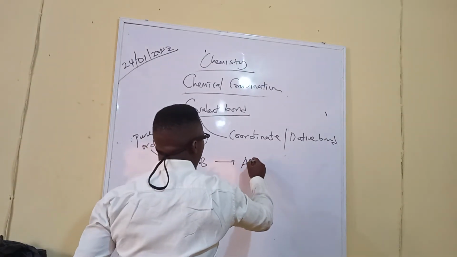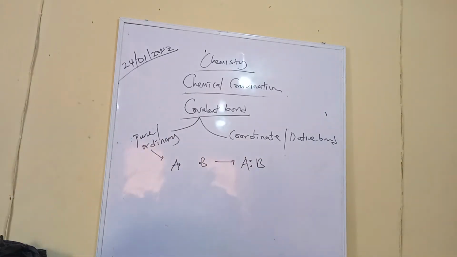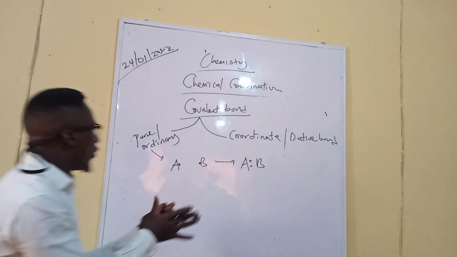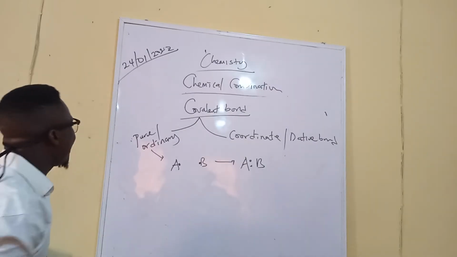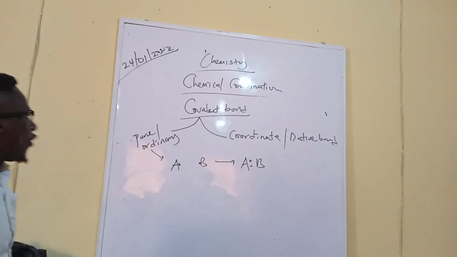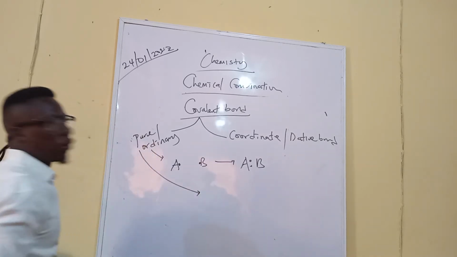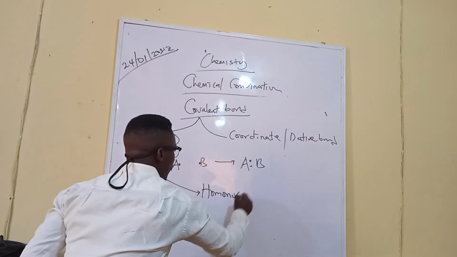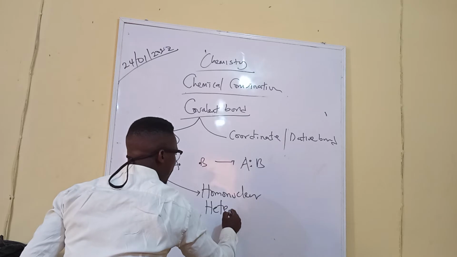So you can have A, B. In pure ordinary bond, both of them are donating electrons for sharing. And again, this pure or ordinary covalent bond is subdivided into two, which are homonuclear and heteronuclear.